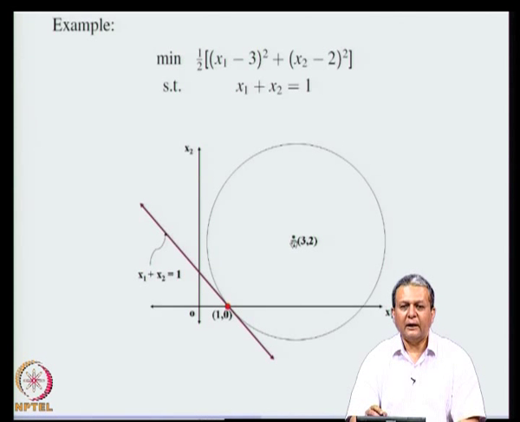If we reduce the radius of the circle, then we will not maintain feasibility. Similarly, if we increase the radius of the circle, there is scope for the objective function to improve at the point where the circle intersects this line. So, this will be the only point where the objective function will be the least.